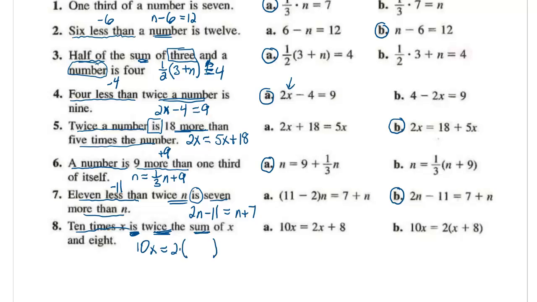A sum is two things added together, and in the sentence, the two things that are added are going to be joined by the word and. There's the word and. So the two things are x and 8. So inside the parentheses, x plus 8. And that is choice B. This concludes the answer key for the practice worksheet.